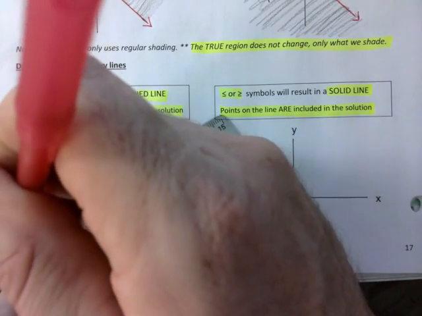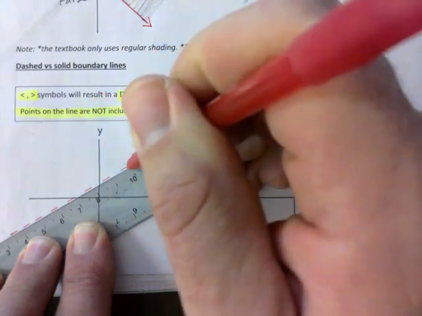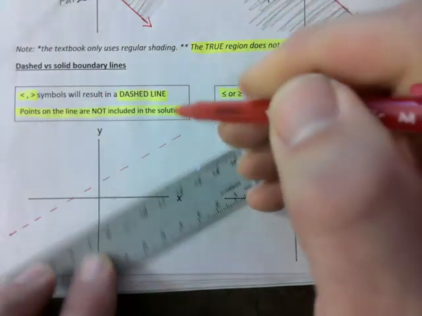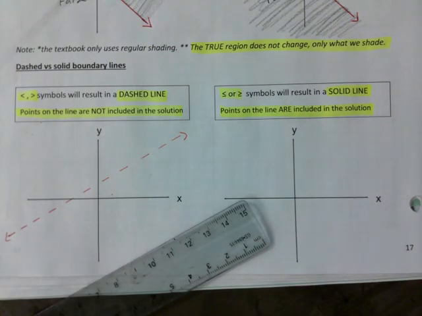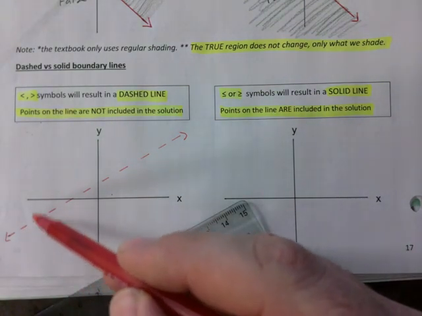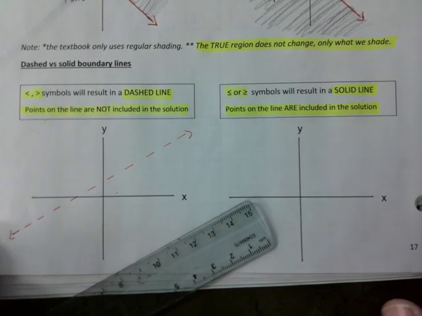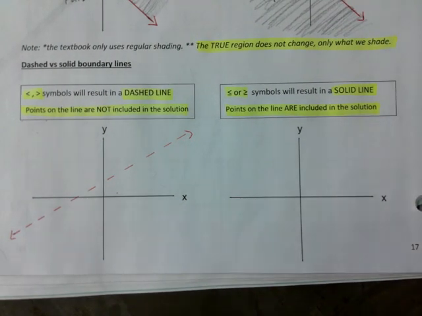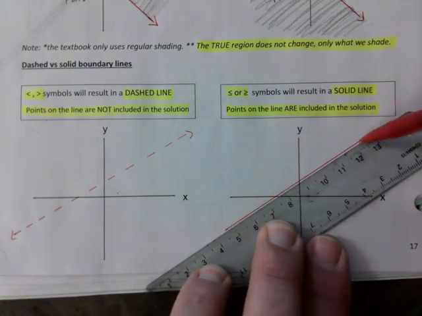So then we just make the line dashed like that. It's an easy fix if you forget. If you use a pencil, you can go with an eraser and erase a bunch of sections, and then you turn it into a dashed line. If it's greater than or equal to, then it would be a solid line.